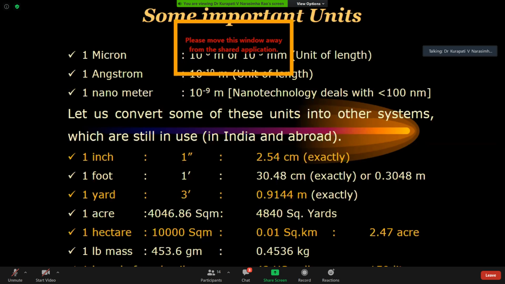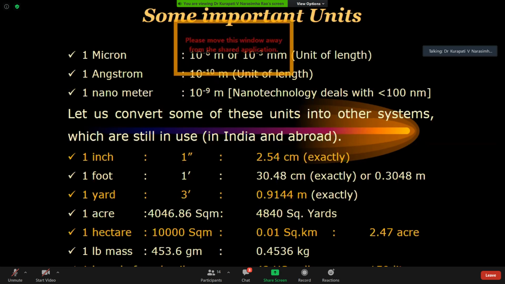I already told you what is 1 billion. Dollar also I told you, $1 equal to 75 rupees.